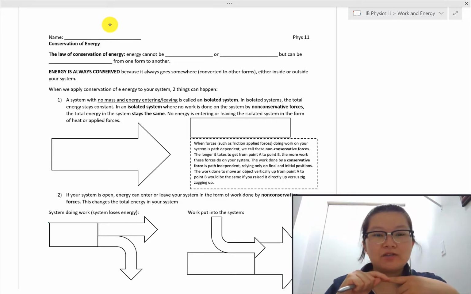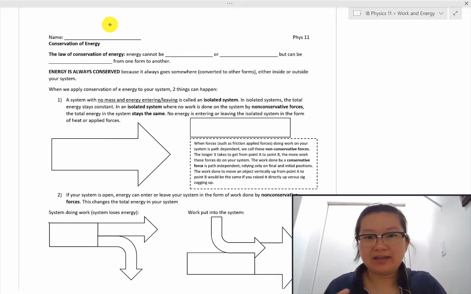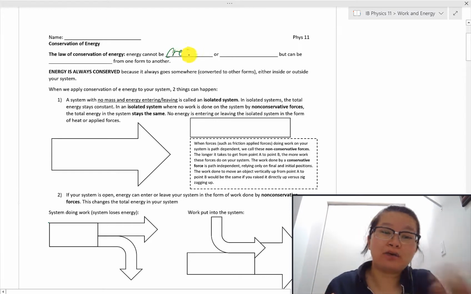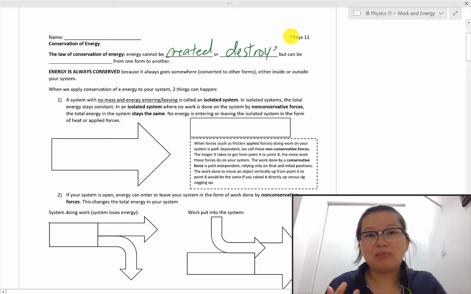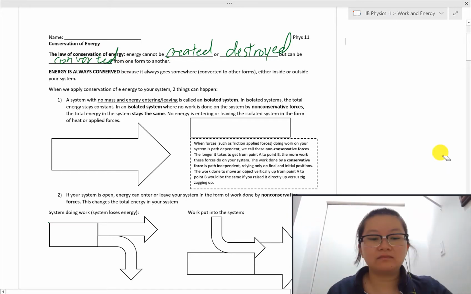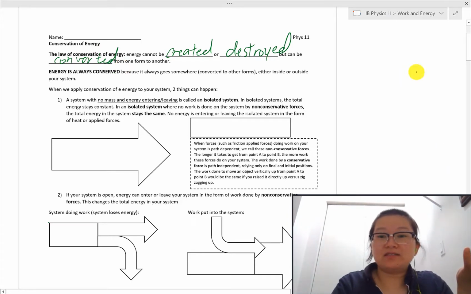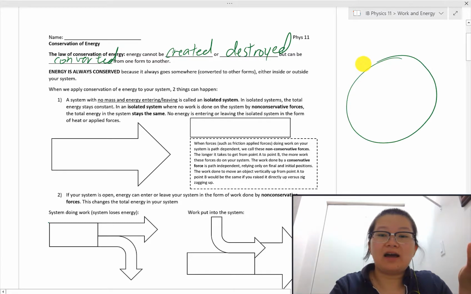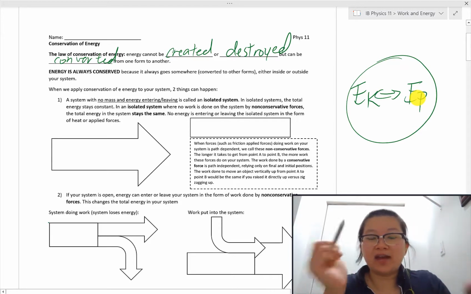The law of conservation of energy, the idea behind that is essentially energy cannot be created or destroyed, but it can be converted from one form to another. In terms of a system, what that means is I can have energy being converted from one form to another, for example, from kinetic and potential, these two forms of mechanical energy.